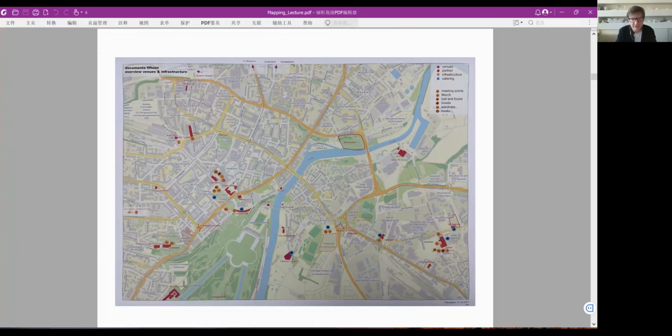Yeah, this one is important for you because it shows an overview map of the venues and infrastructure of Documenta 15. It's on the upper left, adjacent to the old train station. In the center, you have the Ruru headquarters, the Fridericianum, and the Documenta exhibition hall.